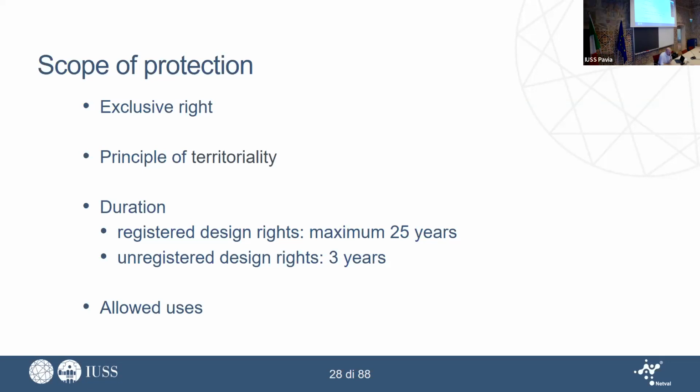And just for 3 years, when we talk about an unregistered design, or 25 years for the registered design. A registered design can be renewed 4 times, so you can gain up to 25 years. So this is the maximum amount of time.